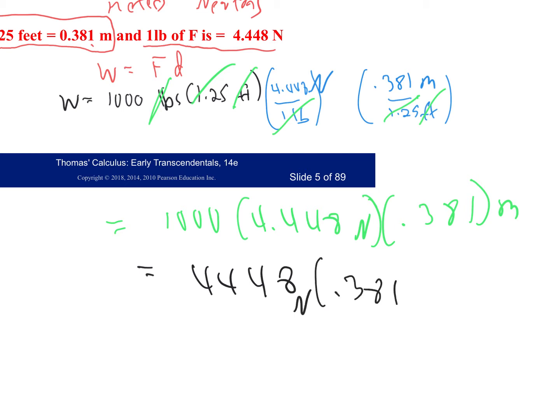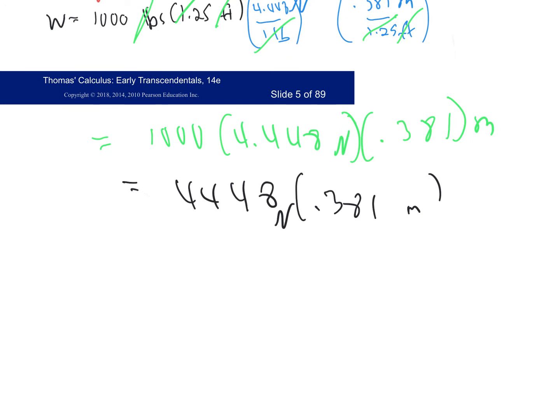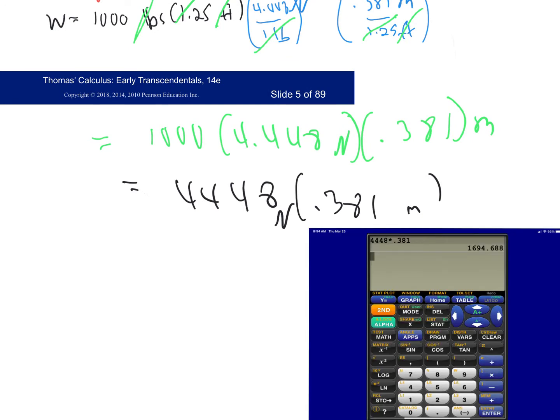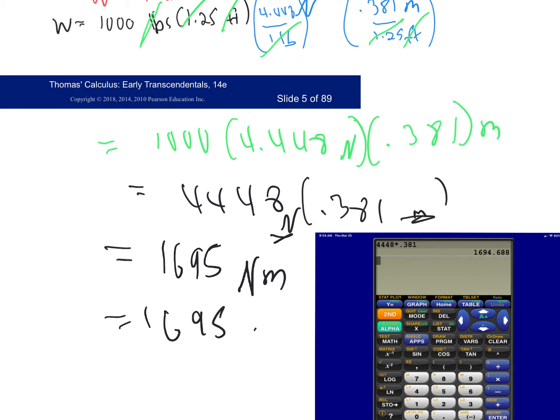That's still newtons, and that should be meters. Let's try that out in the calculator. There it is. I'll round that to 1695 newton meters, which means 1695 joules.